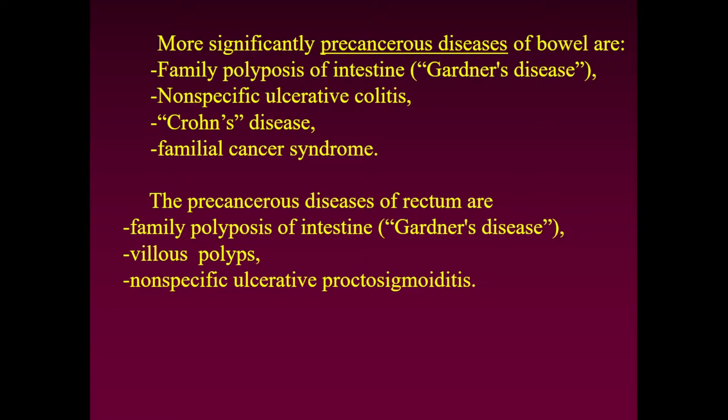The precancerous diseases of the rectum are familial polyposis of the intestine, Gardner's disease, and various polyps. The polyps have three subtypes: villous polyps, thick polyps, and viral polyps. Also non-specific ulcerative proctosigmoiditis.